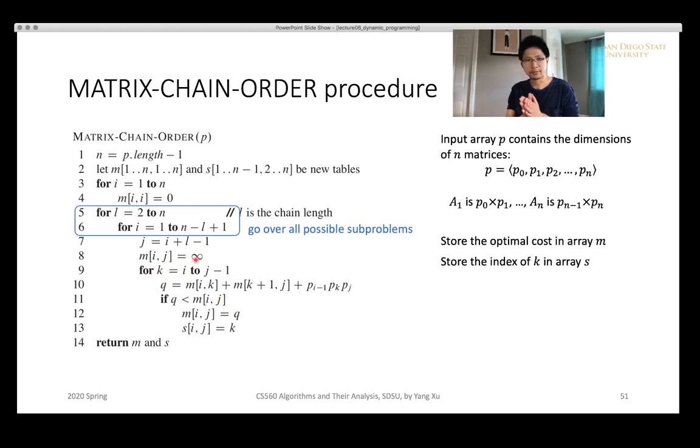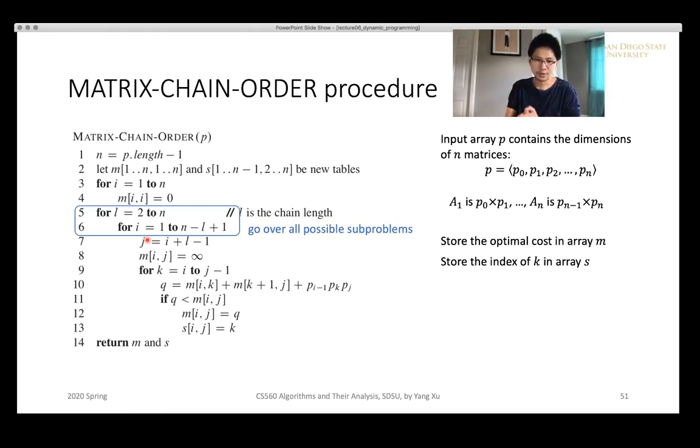The problem now becomes: by defining I and J, we can locate where the subproblem is, and now the task is to solve that subproblem. So how do we solve it? Then we need to refer to the optimal substructure of this problem.